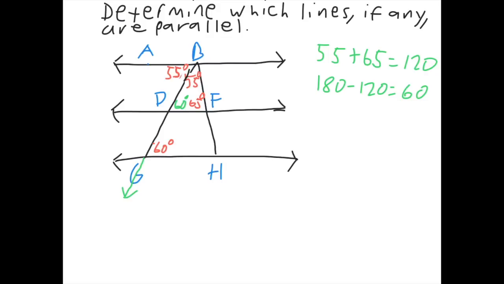Now, if these were parallel, then we'd be looking at these two angles here. This angle is in the upper right hand corner, and down here this angle is in the upper right hand corner. So they're in the same spot in two different pictures. That means those two angles are corresponding angles.